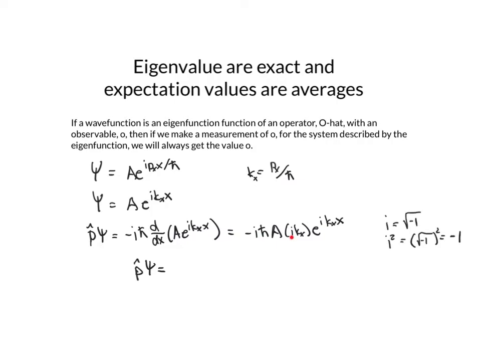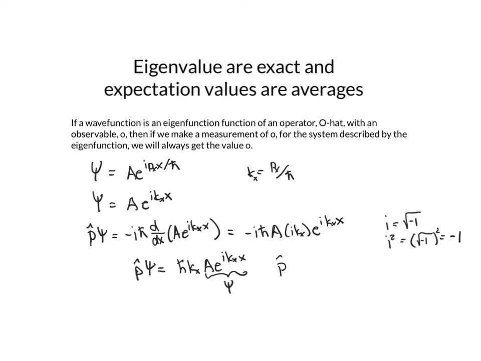So i times i is minus 1, times this minus is a positive. So I have positive h bar kx, and then A e to the i kx times x. But this is just my wave function.